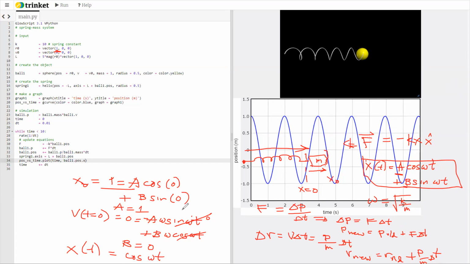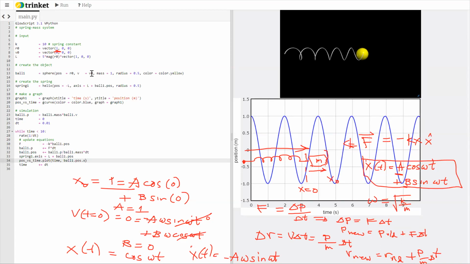If you want to verify v of t, since b is 0, that means that x dot of t is negative a omega sine omega t. So it is a sine function.